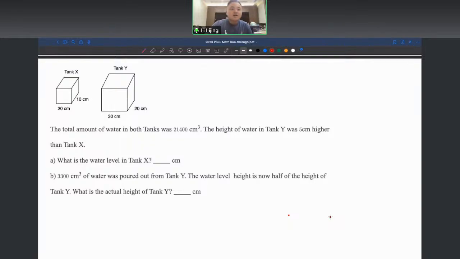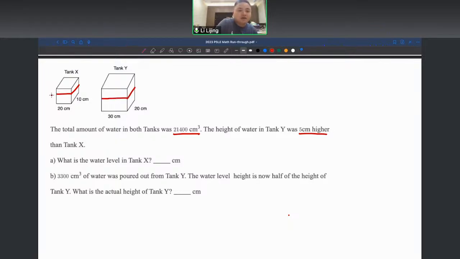We have two tanks, tank X and tank Y. The total amount of water in both tanks was 21,400 cm3. The height of water in Y was 5 cm higher than X. So what is the water level in tank X? I don't know the height here, and I also don't know the height here.